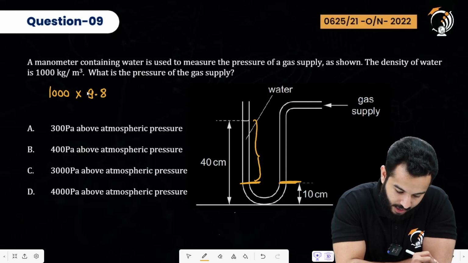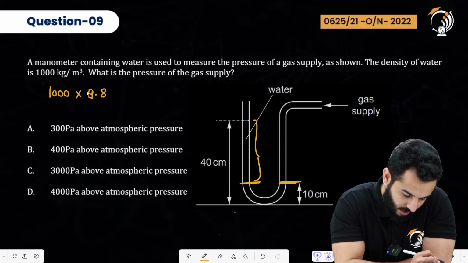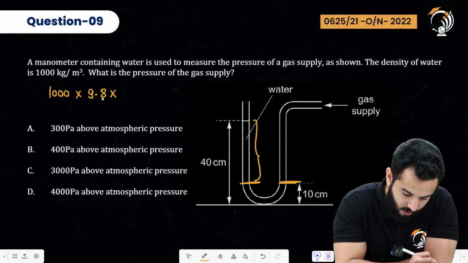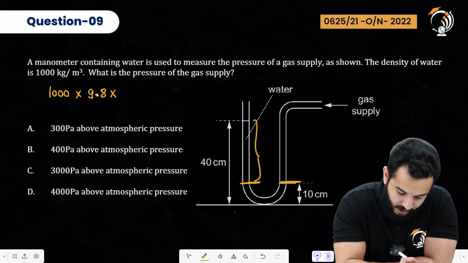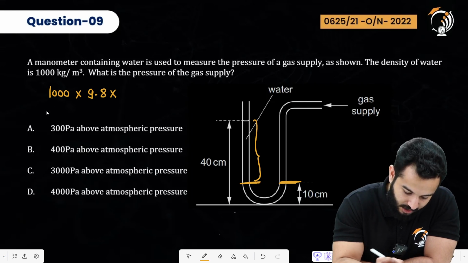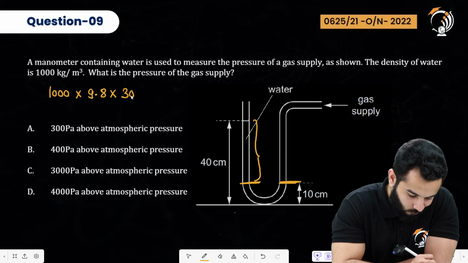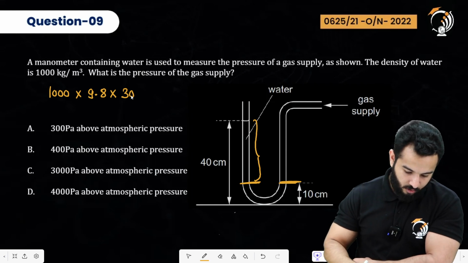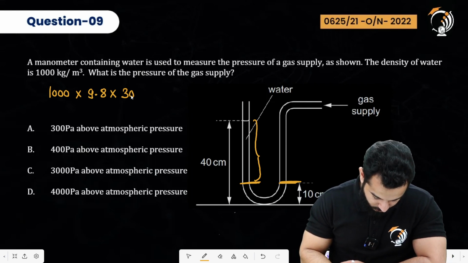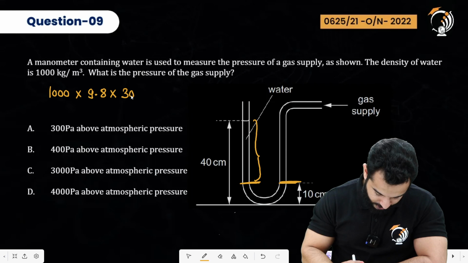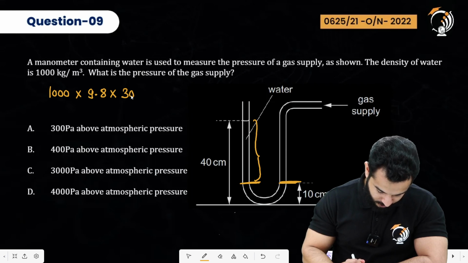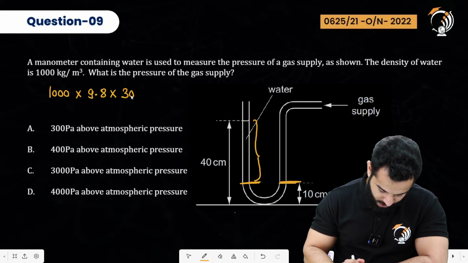times, and I think what we are going to say is, let's move: 1000 times 9.8 times this height, which is actually 30 centimeter. So this is going to be your answer. Let's find it out. 1000 times 9.8 times 30.